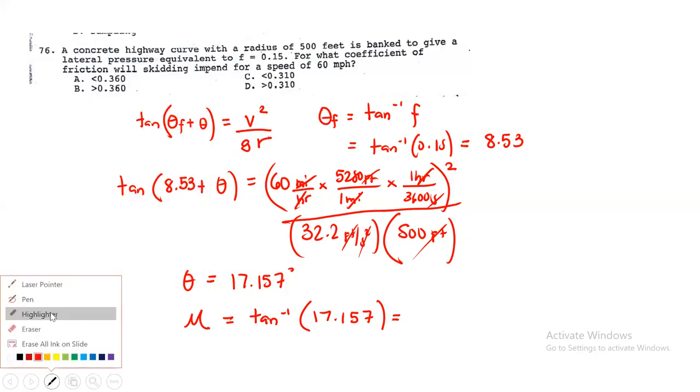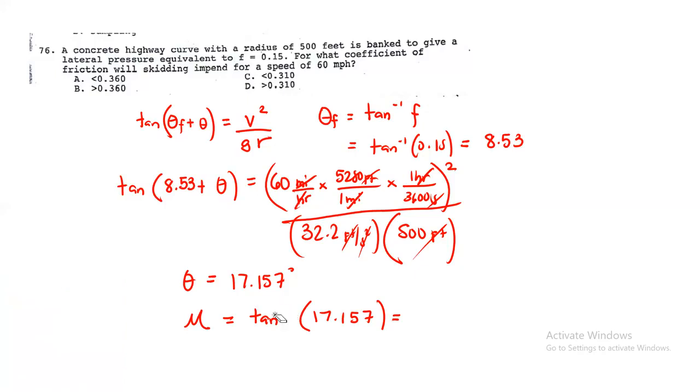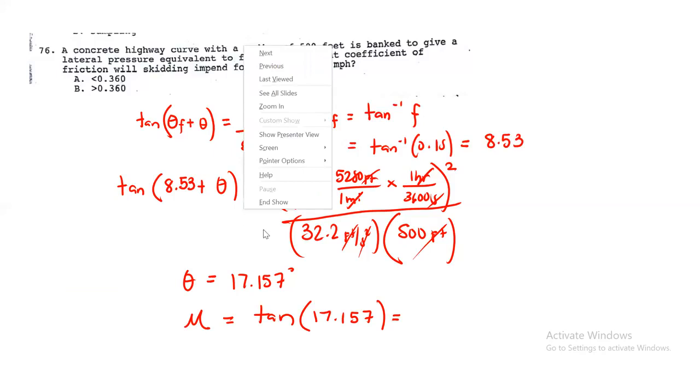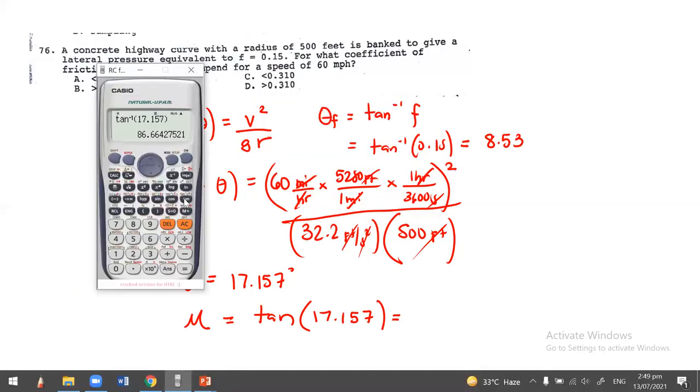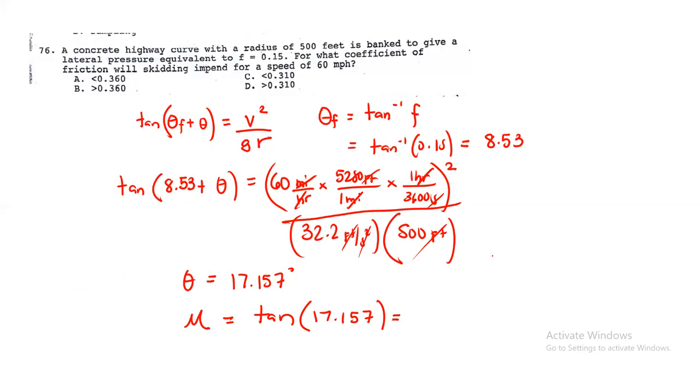Tangent lang, tangent ng theta lang. So, mu is equals to tangent ng 17.157, is equals to 0.3087.